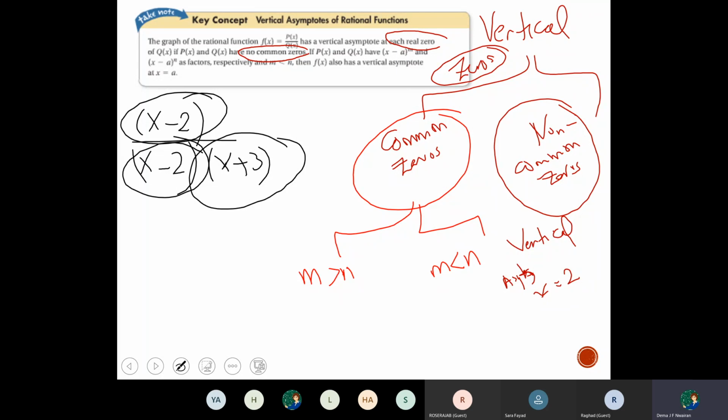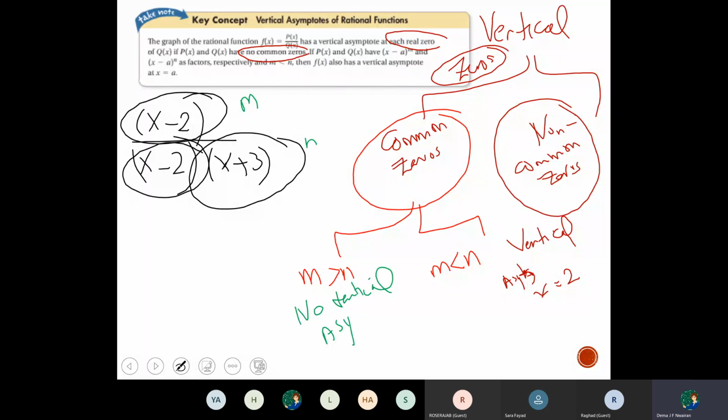Now, if m is greater than n, what is that? What do I mean if I say m and n? If the power of m is greater than the power of n, I will say that there are no vertical asymptotes.